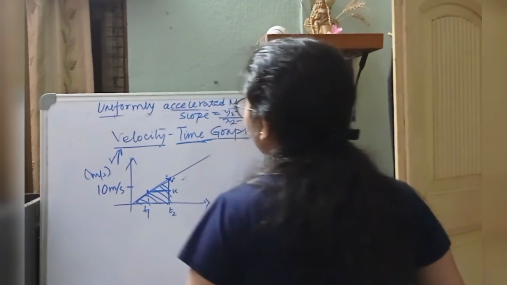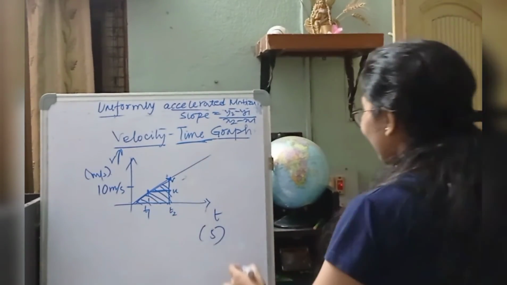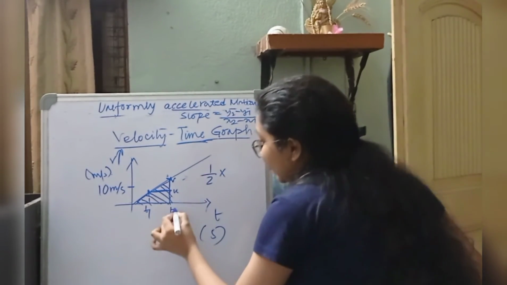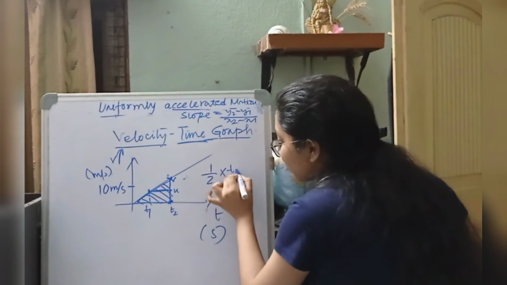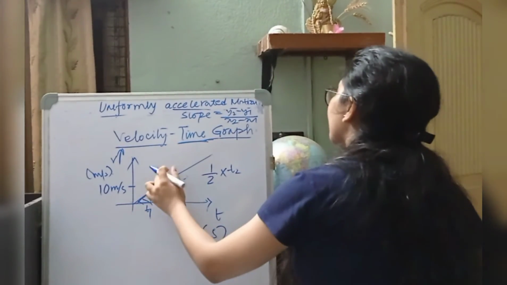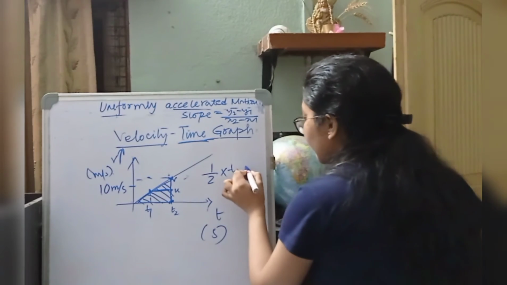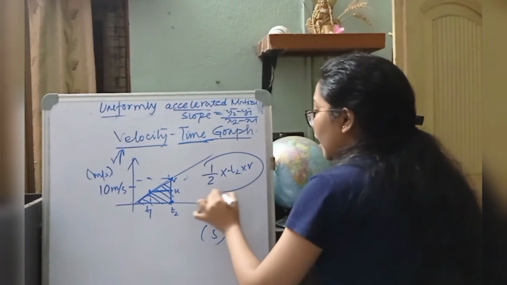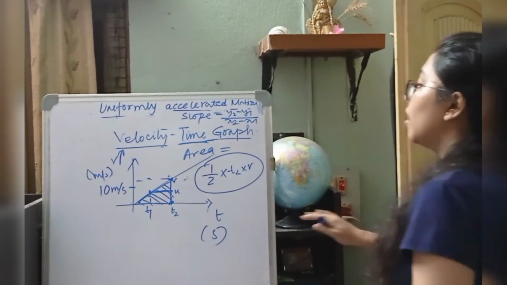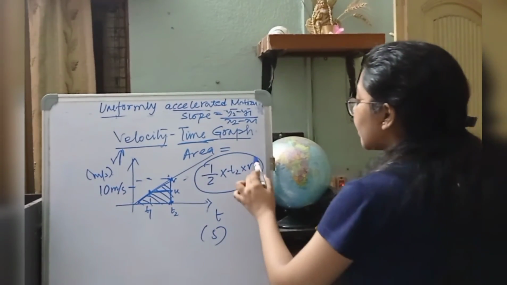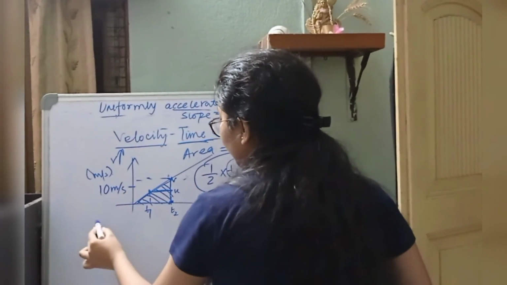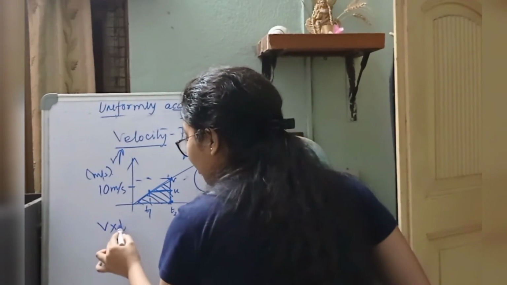If I find the area of this triangle, it is half into the base, T2, I am considering the bigger triangle, and the height of the triangle is V. On computing this area, this is nothing but the distance covered, because it is a Vt relation. The distance calculation is nothing but V into T.